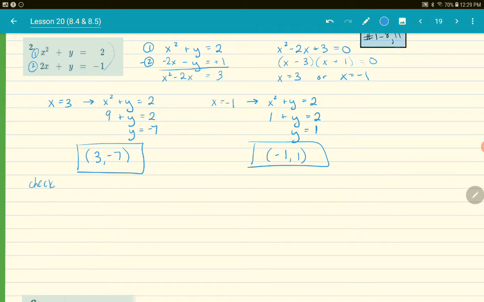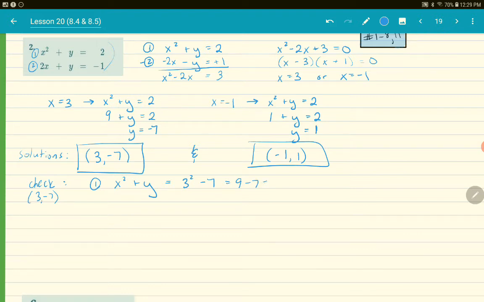So I'm going to check 3, negative 7 first. I'm just going to make a note, these are my solutions. And I'm going to check the 3, negative 7. So in equation 1, x squared plus y equals 2. When I plug in x, I get 3 squared, and plug in y, I get minus 7.